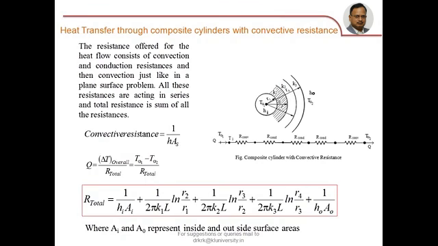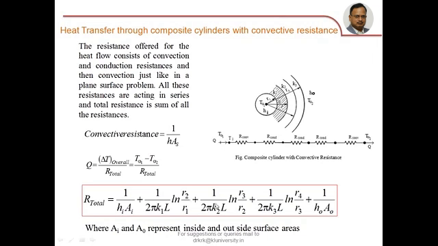So carefully we have to work out this R total. Otherwise, most of the time, due to these reciprocals and logarithms and again reciprocals, we may go wrong in calculation and end up with a wrong value.